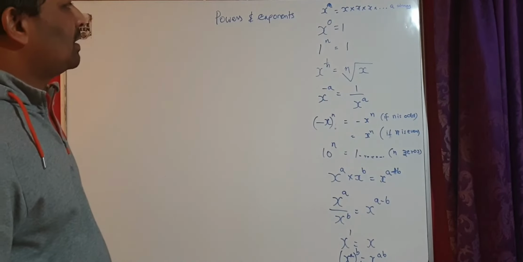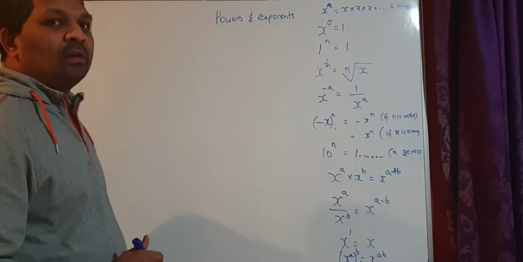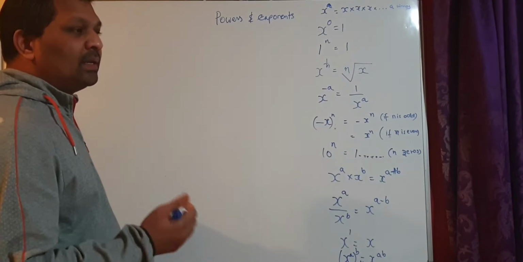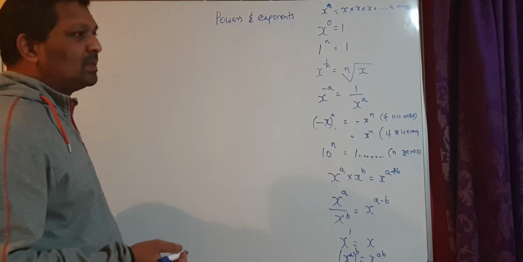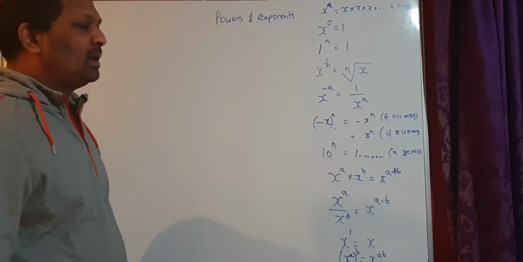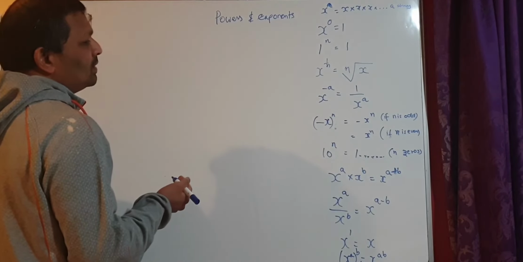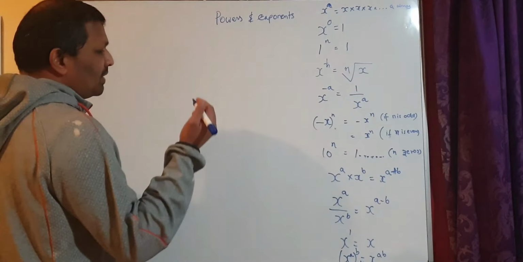Okay, and before I wrap it up, first of all, what is the need for writing any number in indices form or index form? The reason is that there are some numbers that are very big. For example, what is the velocity of light?